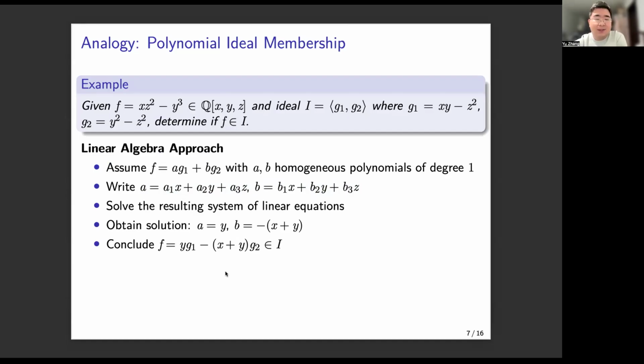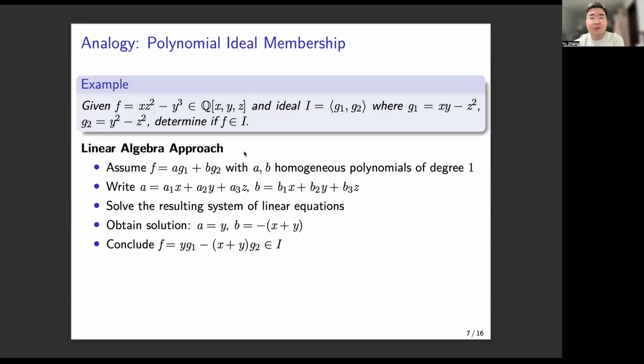So this is a perfect solution, and this situation is easy because the difference between the degree of f and the degree of g is just 1. But imagine that we are in a situation where the degree of f is over 100, and there are over 100 variables instead of x, y, and z.